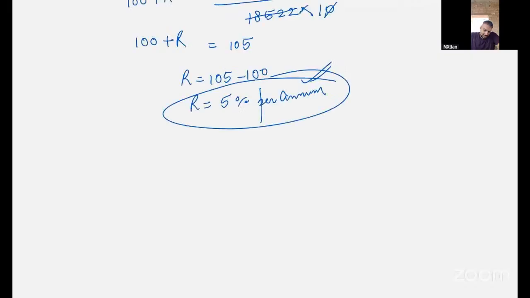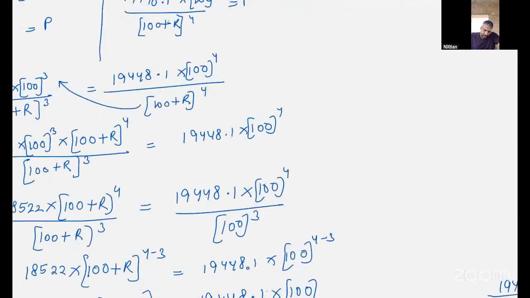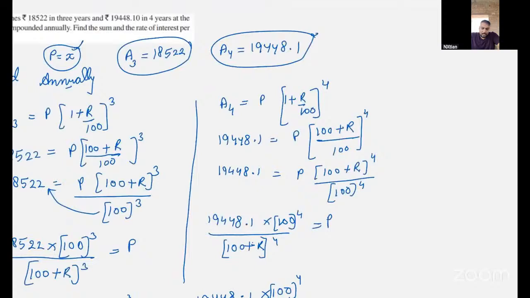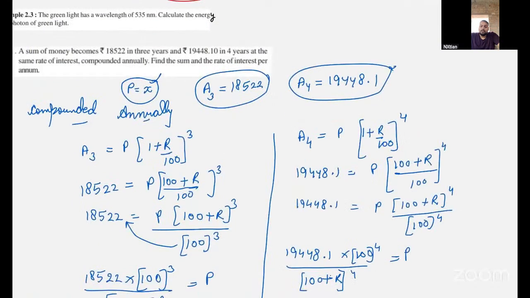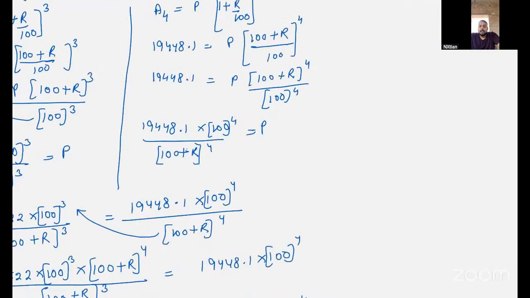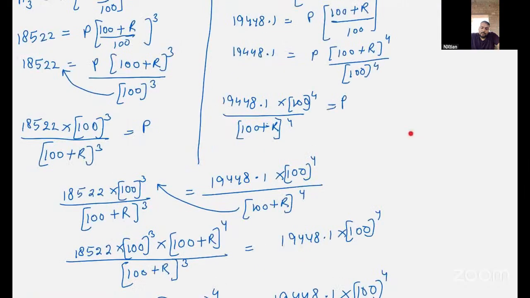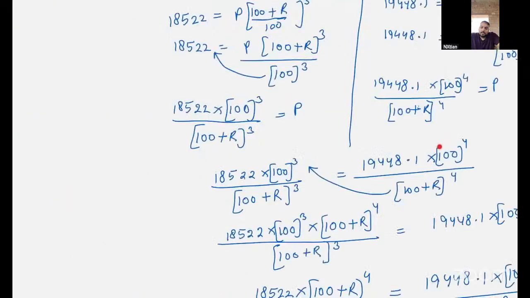Yeah. So right now we calculate this thing. Wait, now we have to calculate the principal also. So what you will do is just write here 5. Everyone got this? You have to put the value of the rate as 5 in this equation, wherever you want, and then solve it to get the principal.